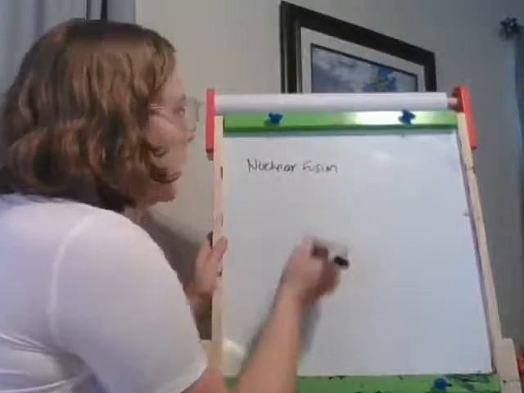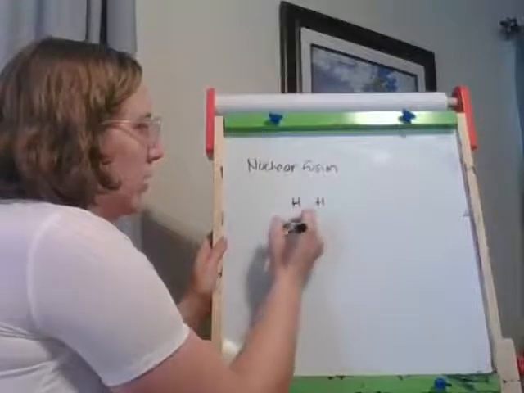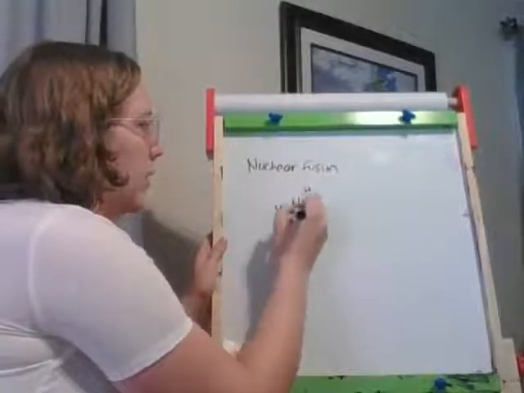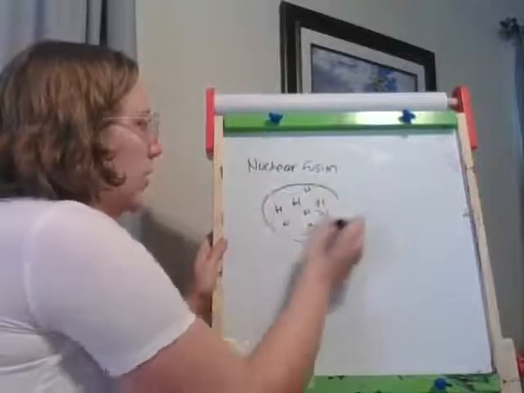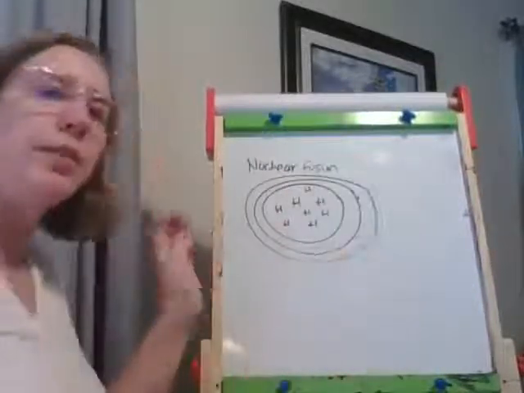Okay, so inside of a star, I have a ton of hydrogen just bopping around, hanging out inside my star. And a star is like a jawbreaker. It has different layers.